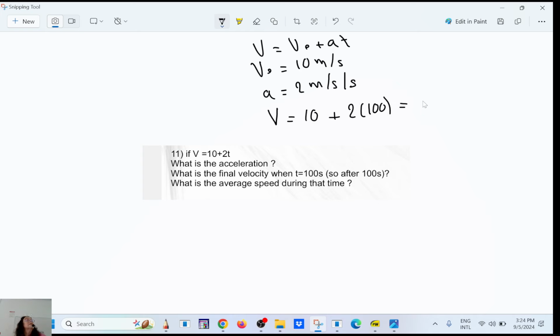So that will be 210. And what's the equation? Magic equation? Think of your grade. How can we find the average velocity? Initial plus final divided by 2.